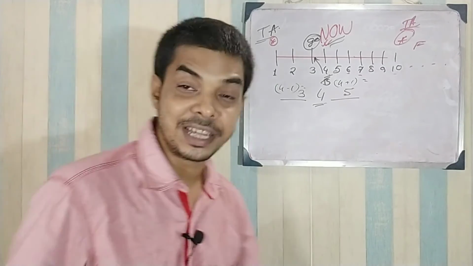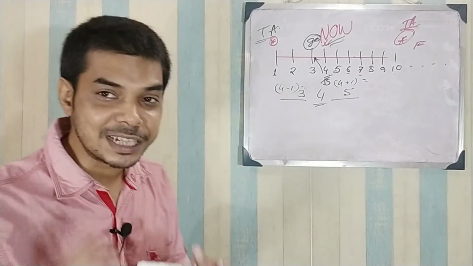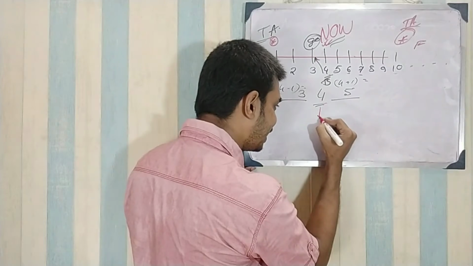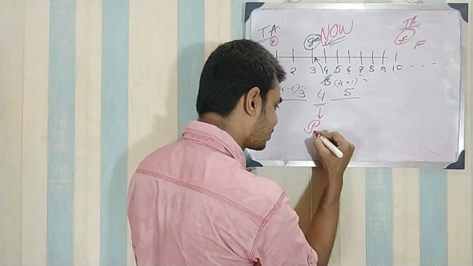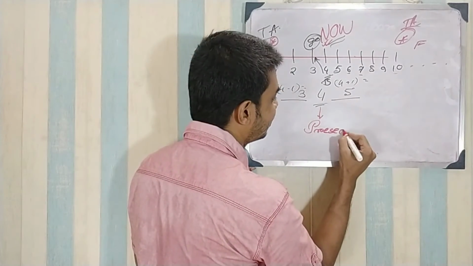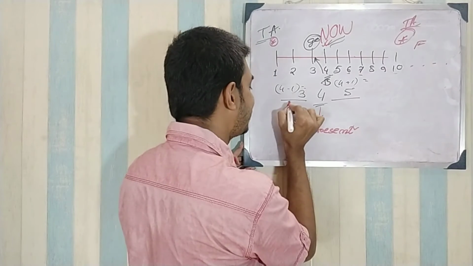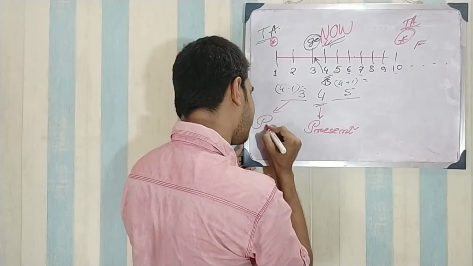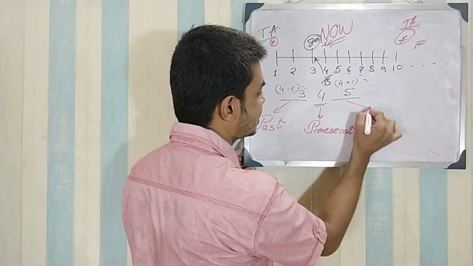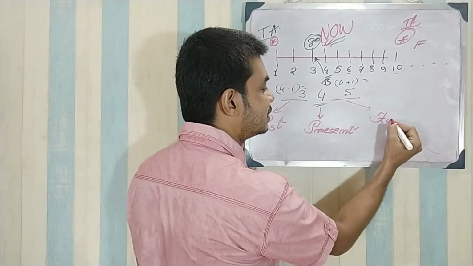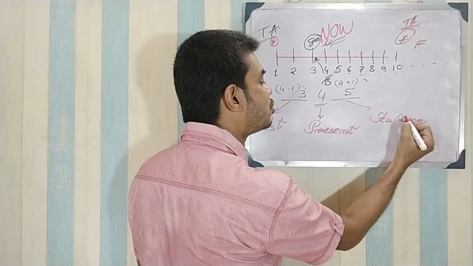So what finally we get from the number line, you can very easily find it out. Time of speaking, this is present. Predecessor, this is past. And successor, this is future.